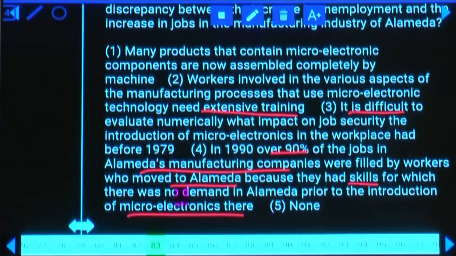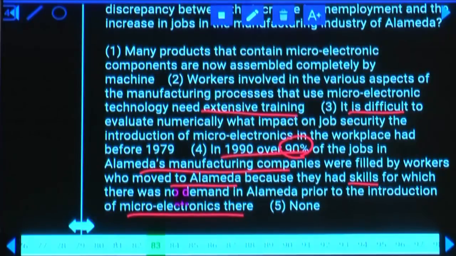Now look at the fourth one: in 1990 over 90% of the jobs in Almada's manufacturing companies were filled by workers who moved to Almada. These workers shifted from another place to Almada because they had skills for which there was no demand in Almada prior to the introduction of microelectronics there.